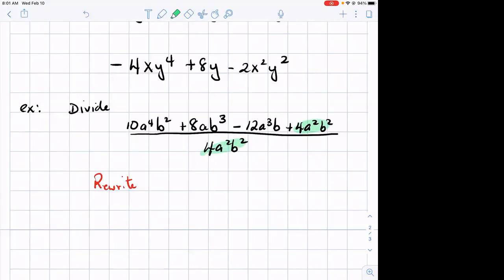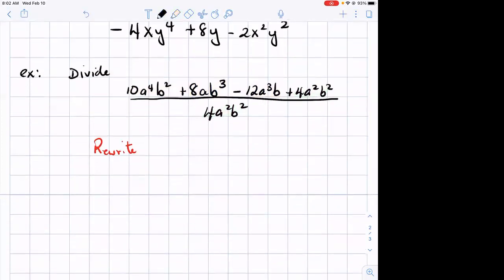And some people just cancel them out and say that this is the answer. And that's incorrect. So by rewriting it, you don't do that. So let's rewrite this.